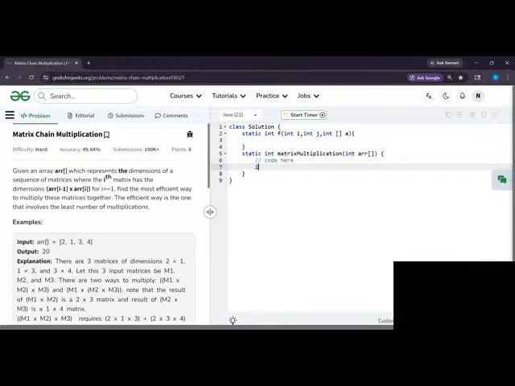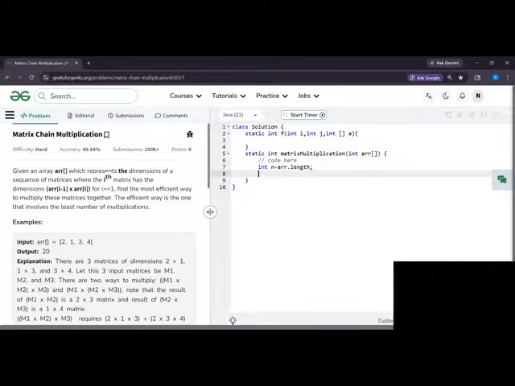Here, int n equal to arr dot length. And what I need to return is the answer given by the method that I am writing now. For that, I am passing I and j values, and I am passing the array to it.